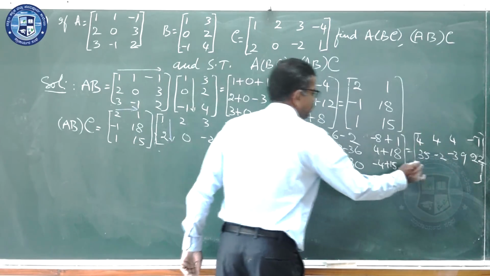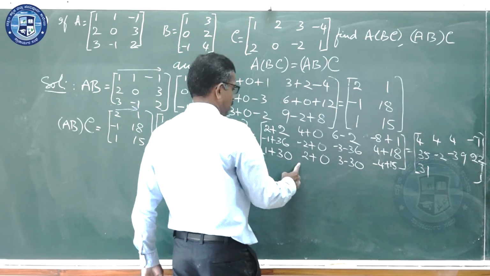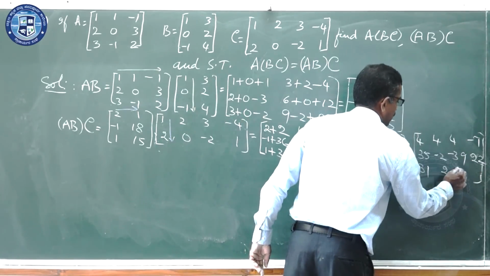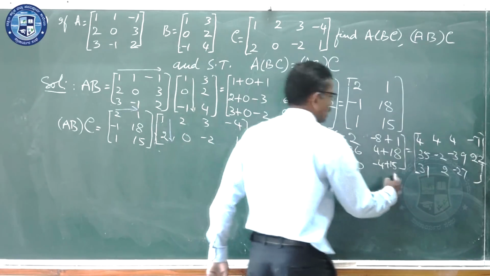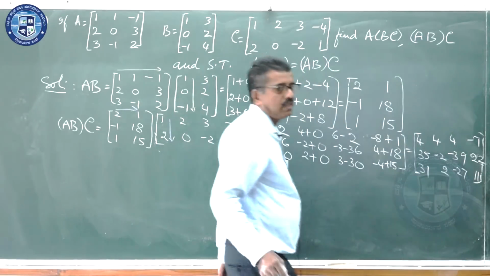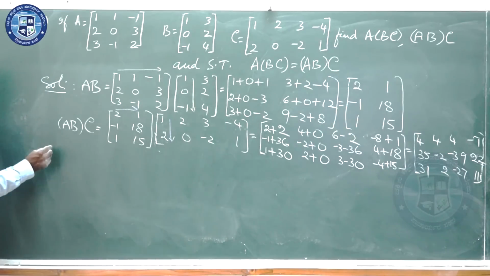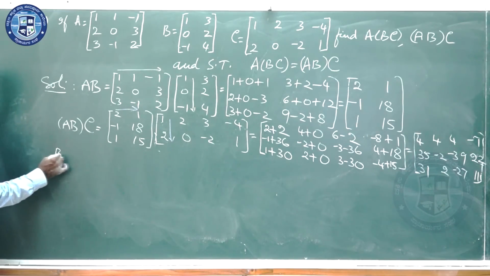Then we have 31, 2, minus 27, then here 11. This is the AB into C.